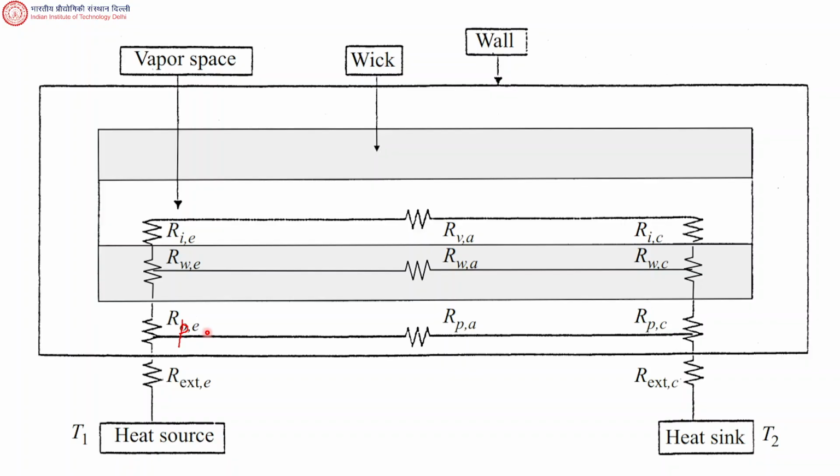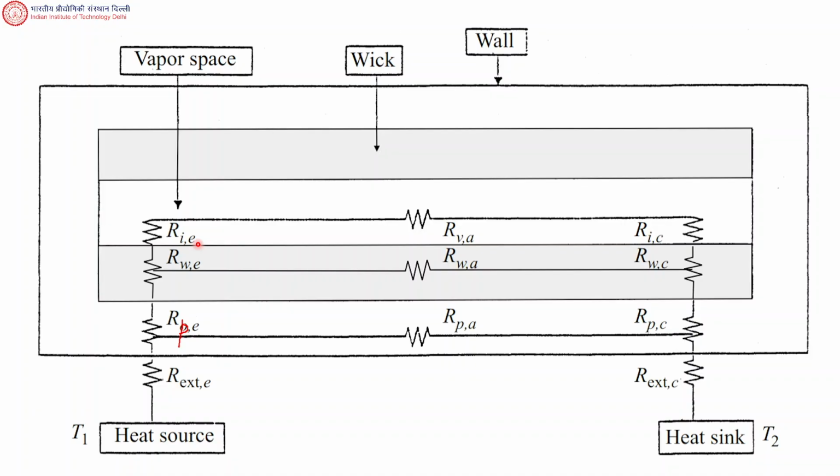RPE, E for evaporator. Correct. So we have similar resistance on this side also. This is RPC, C for condenser. And we also have resistance at the evaporator in the wick region, which is RWE, and this is an internal resistance in the evaporator section. This is RIE. This is the resistance because of this liquid vapor interface.